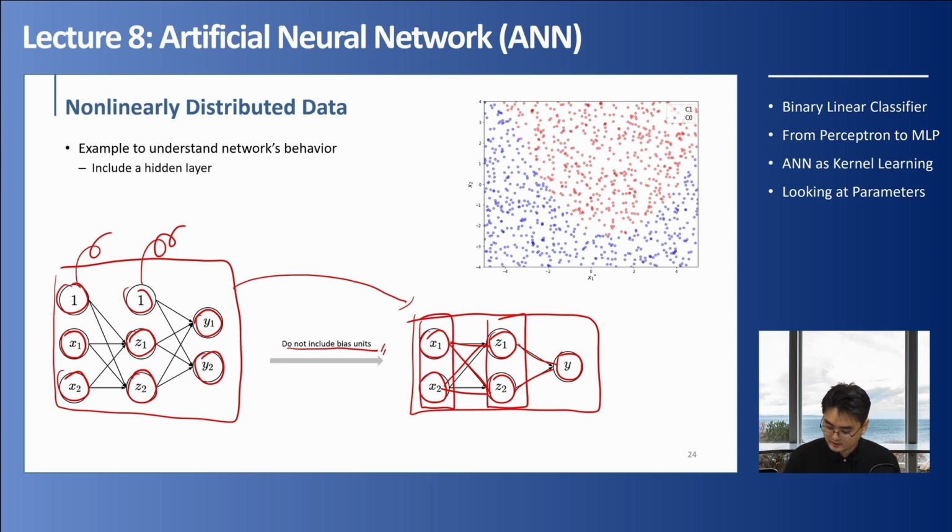So we can see that these features are x1 and x2 here. So x1 goes inside here and x2 goes inside here. And the information of x1 and x2 is passed through these weights, and then it is transported to the next layer as z1 and z2 by some nonlinear function.